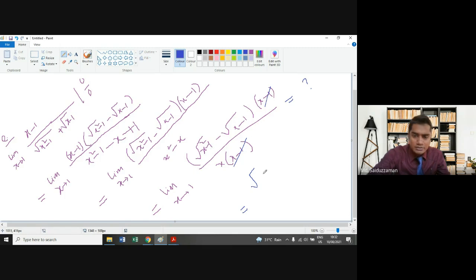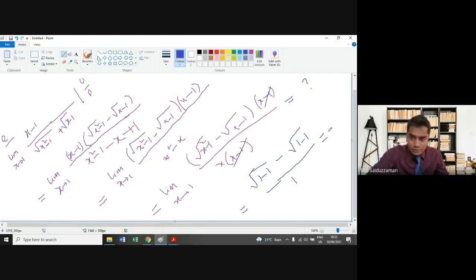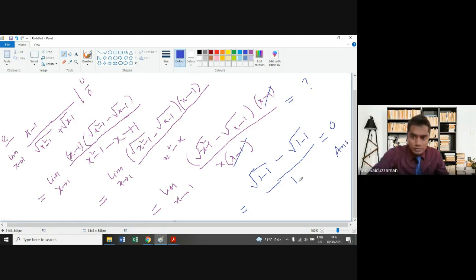Now I'm putting the value directly. So it is 1 minus 1 minus square root of 1 minus 1, divided by what? Divided by 1. Yes or no? Yes, putting the value of x as 1. So what is the ultimate value? 0. So this is the answer. Why 0? Because 0 by 1 means 0.